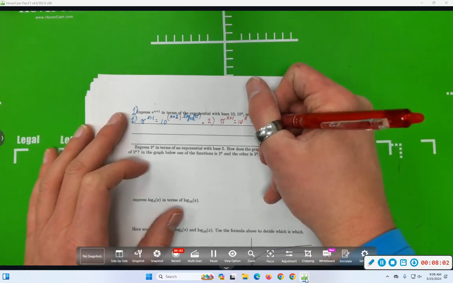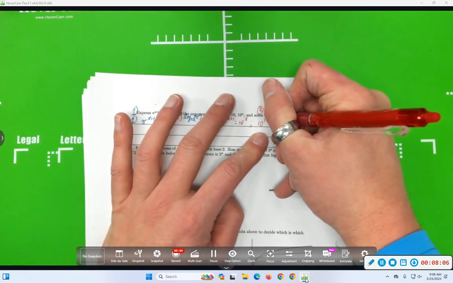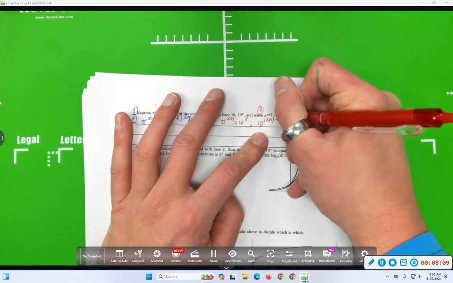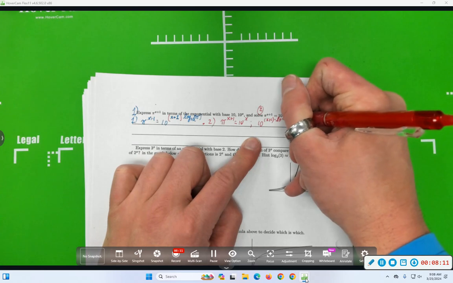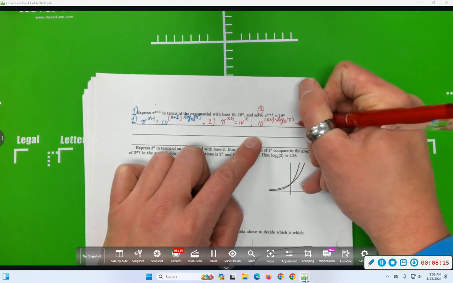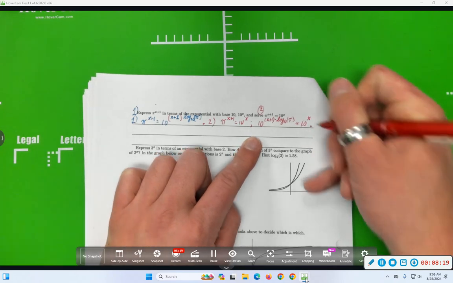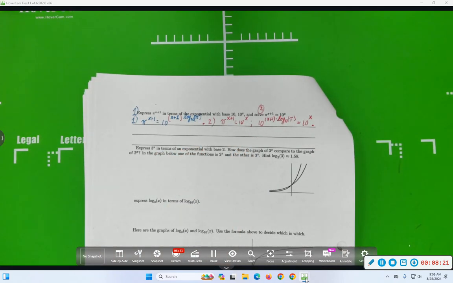So using the result from step 1, this becomes 10 to the power x plus 1 times log base 10 of pi equals 10 to the x. That seemed like a sensible step. Everything now has just like a single base.